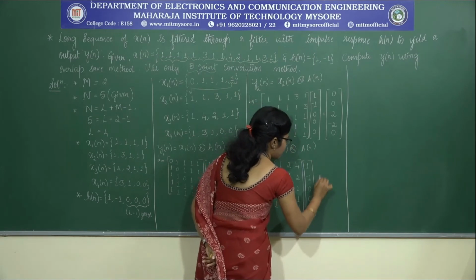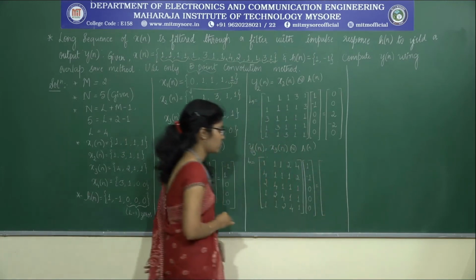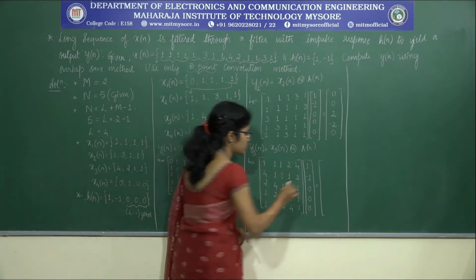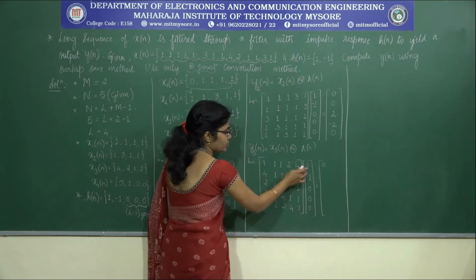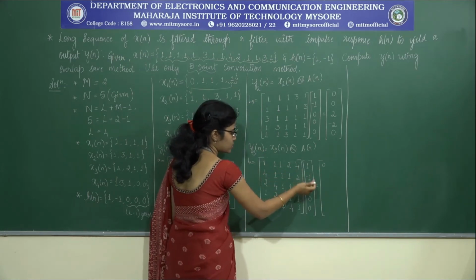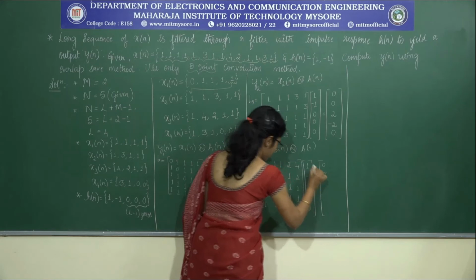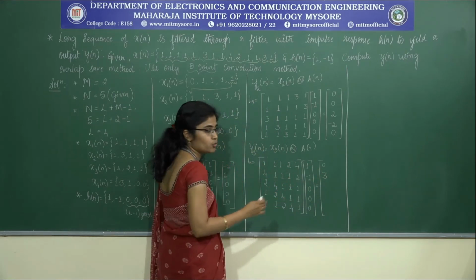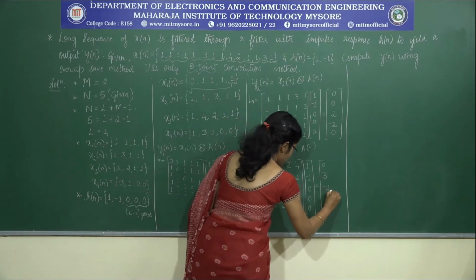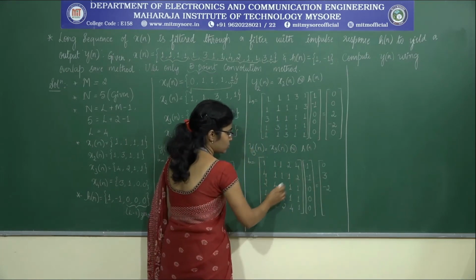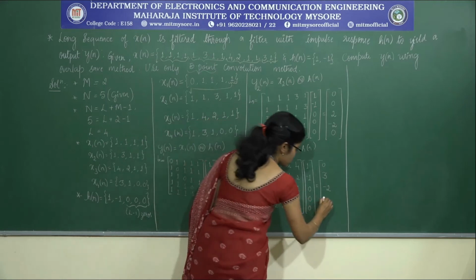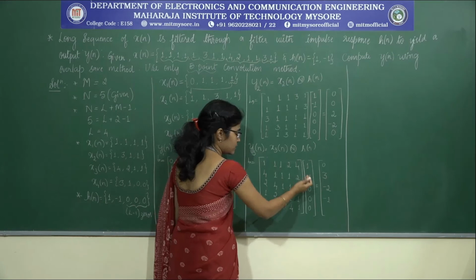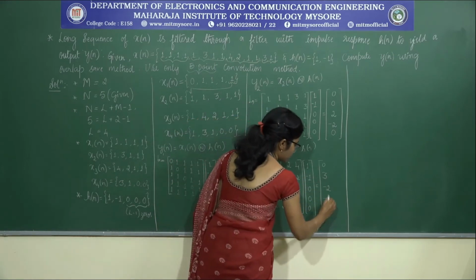So if I again perform matrix multiplication, what we are going to get? 1 into 1 is 1, 1 minus 1 is minus 1, 1 minus 1 is 0, 4 into 1 is 4, 1 into minus 1 is minus 1, 4 minus 1 is 3, 2 into 1 is 2, 4 into minus 4 is minus 4, 2 minus 4 is minus 2, 1 into 1 is 1, 2 into minus 1 is minus 2, 1 minus 2 is minus 1, 1 into 1 is 1, 1 into minus 1 is minus 1, 1 minus 1 is 0.